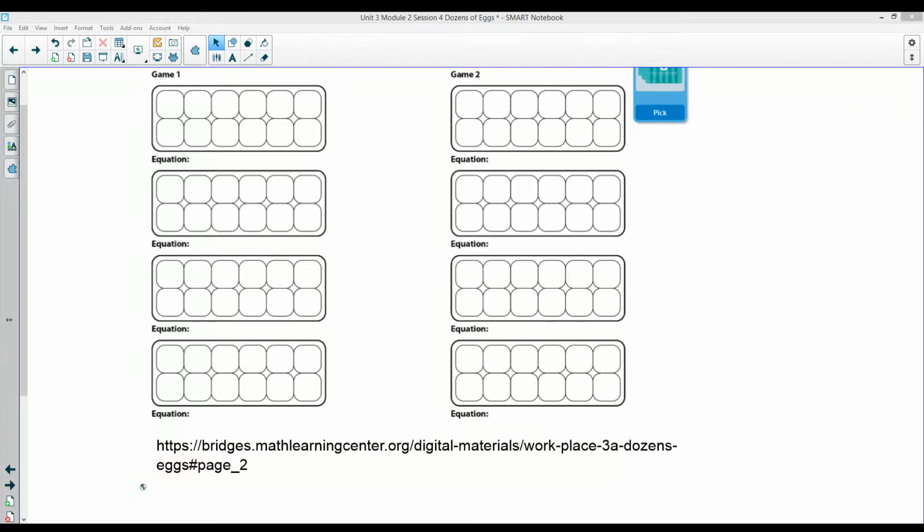There we go. Then your equation, you'd first start off by doing the 10 12ths.